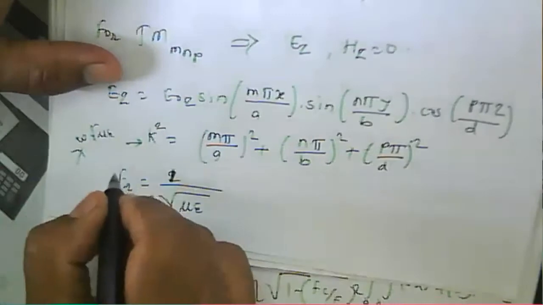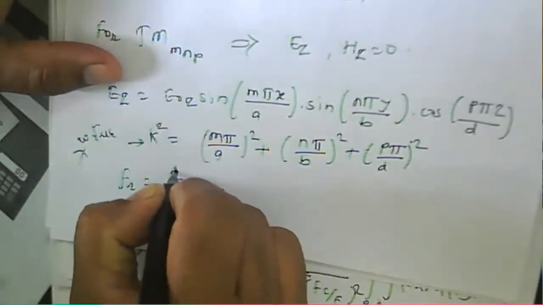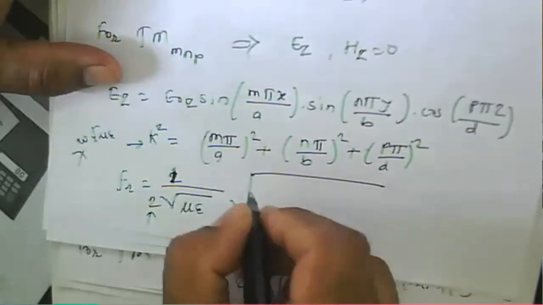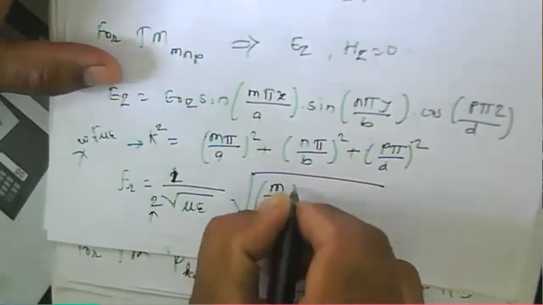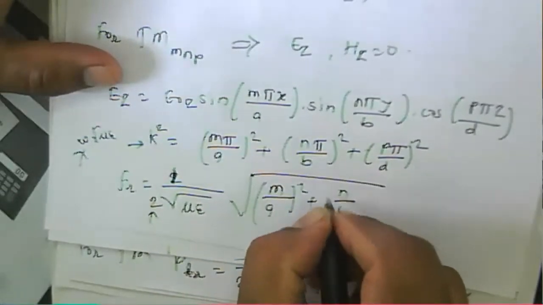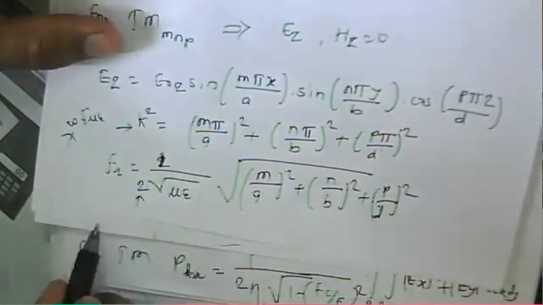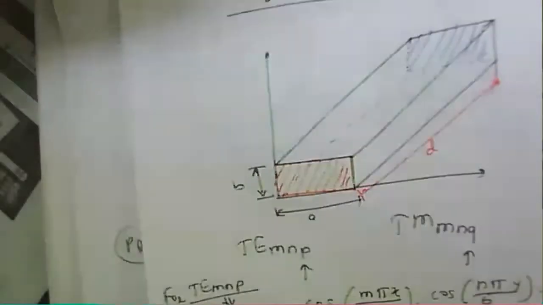So pi gets cancelled, and that's why 2 is here. It is nothing but the expression: square root of (m by a) squared plus (n by b) squared plus (p by d) squared. That is your fr, your resonating frequency inside the guide.